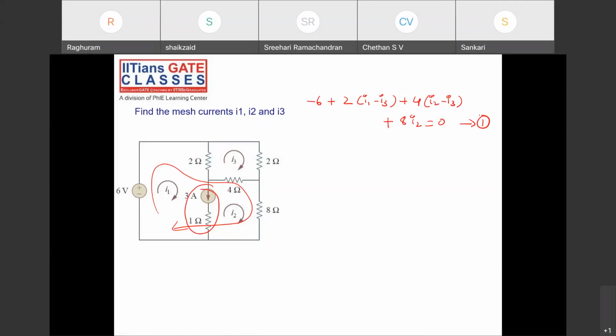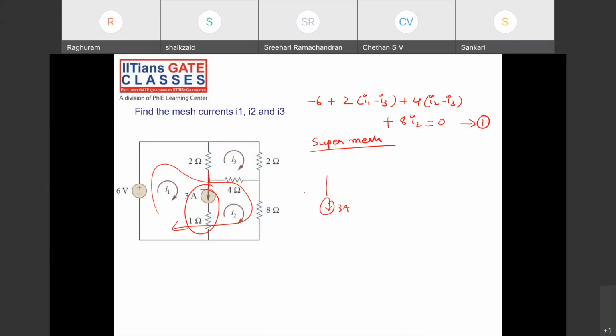Equation 1. What is the second equation? The super mesh equation. See, this is my 3 amps here.